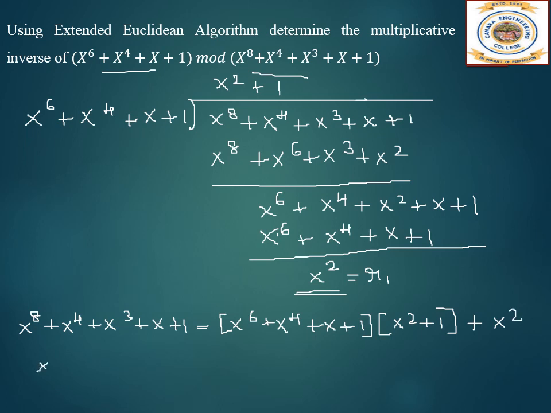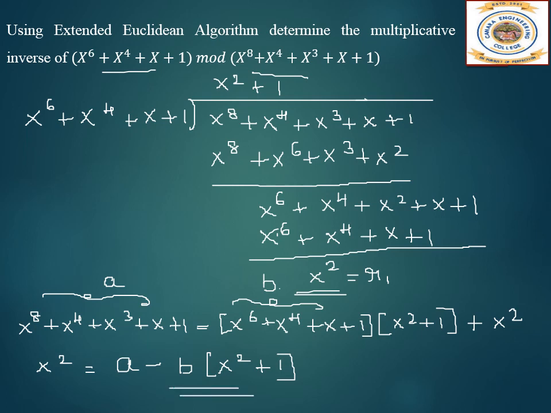So what is x square equal to? We know this is a, and this is b. So I can write x square equal to a minus b into x square plus 1. So the first stage of calculation is over. We'll go to the next stage.